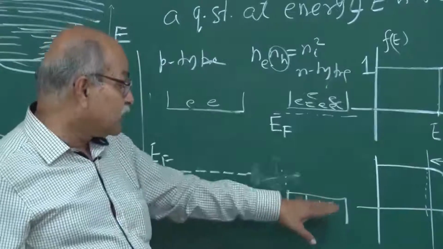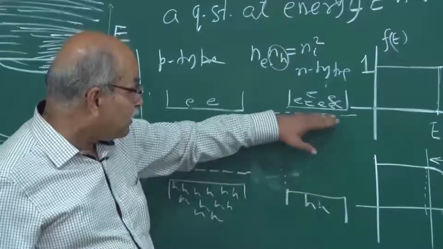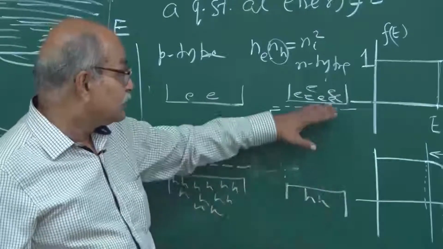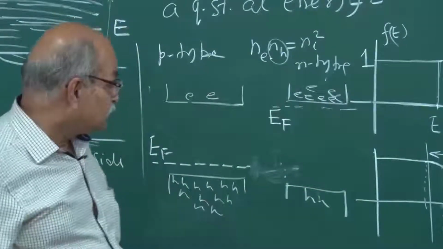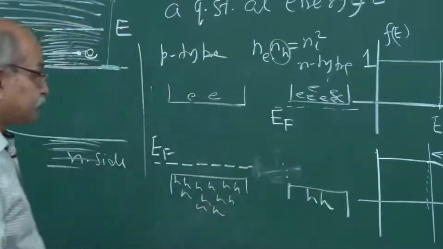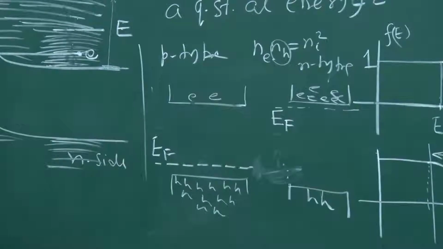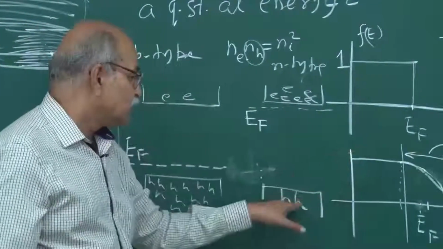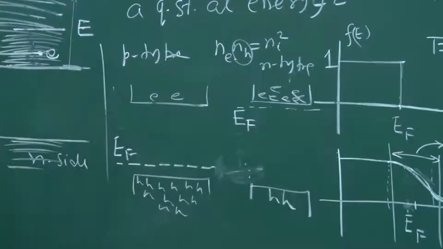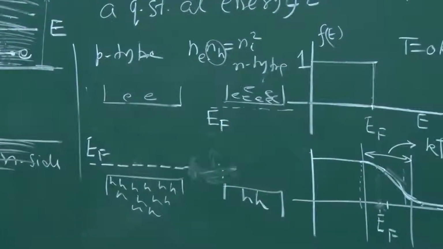Whereas these quantum states for holes are far away, so it is very small, and you have only a small number of holes here. So 1 minus Fe is very small, and therefore very few holes are there.